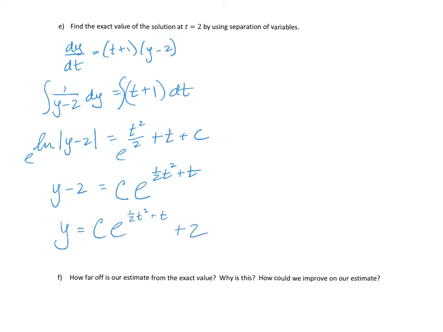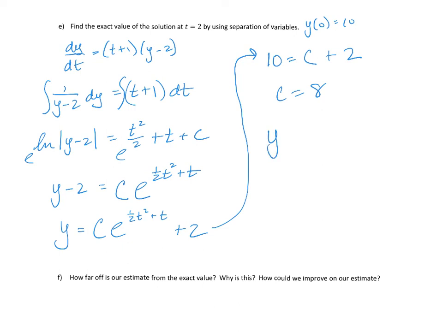And then I can solve for c by using my given initial condition that y of 0 equals 10. So 10 for y, 0 for t gives me c. e to the 0 is 1, so plus 2. So c is 8. So my solution is y equals c e to the (1/2 t squared plus t) plus 2. Oh, whoops, I forgot to replace the c.